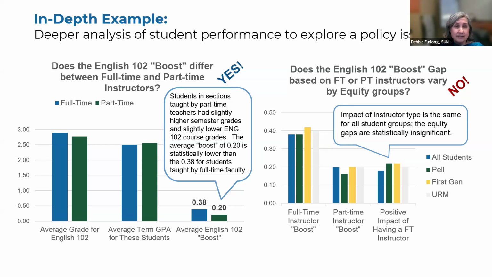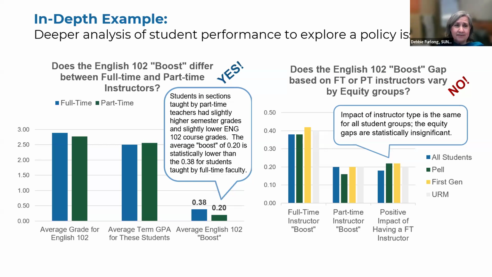But we have a few areas in our curriculum where there's a lot of work done by full-time tenured and tenure track people, and a lot of work done by ad hocs or part-times. English is one of those. So I pulled out a single course, English 102, and I asked the data the question: is there a difference in the GPAs of our students based on the teacher's status as being full-time or part-time?